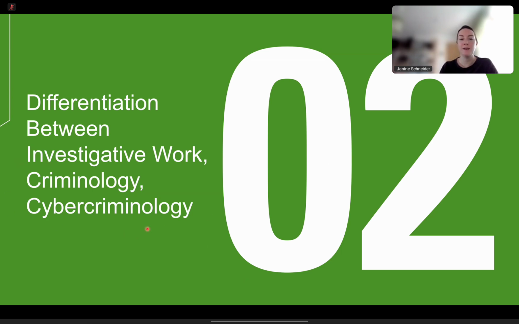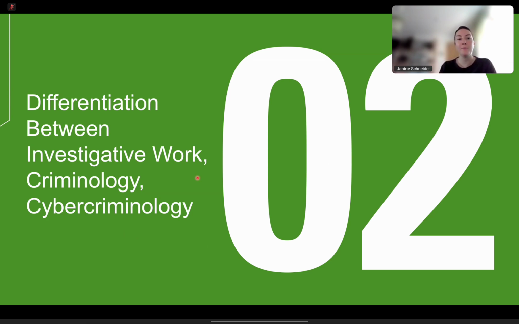This is a translation error, because in German it's pretty easy to distinguish Kriminologie und Kriminalistik, but in English the word criminalistics is actually a German word. Maybe some of you remember that Hans Groß invented the term.